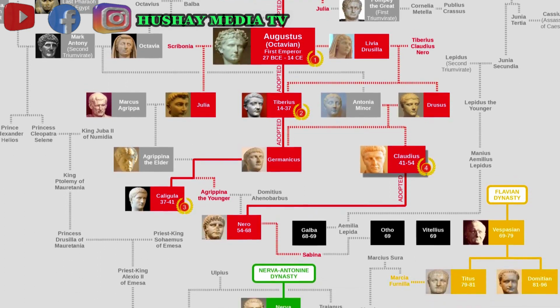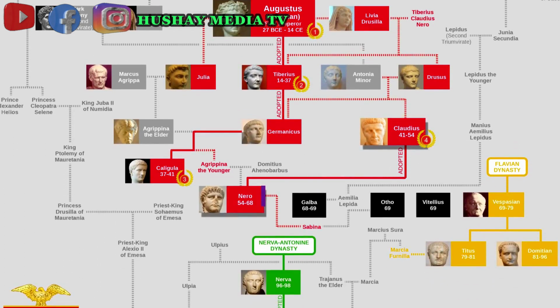Claudius then adopted as his heir Nero, the grandson of Germanicus, and therefore Nero became the fifth and final emperor of the Julio-Claudian dynasty. So you can see that all these early emperors were all connected through some sort of adoption, but also through some sort of blood relationship to either the Julian or the Claudian family.